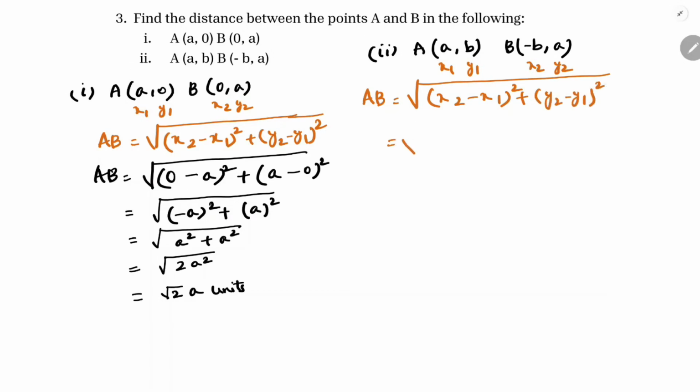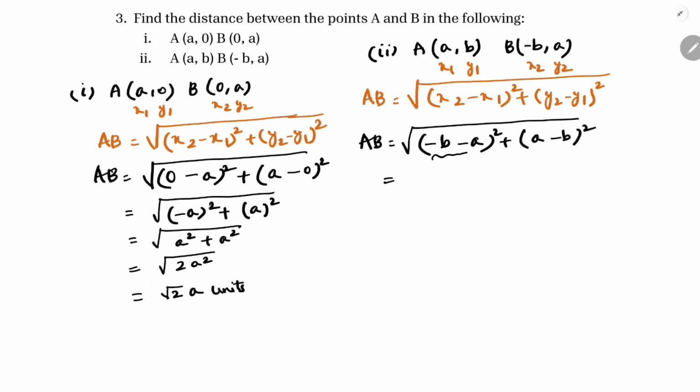Under root, x2 is minus b, minus a whole square, y2 is a minus b whole square.